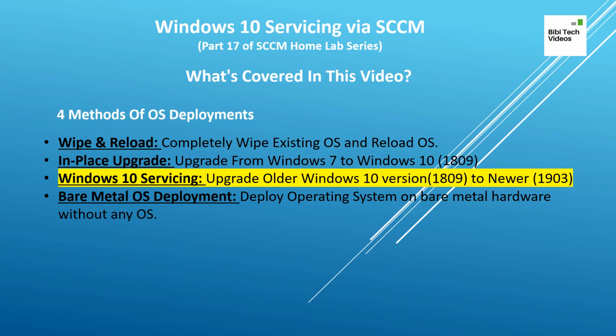In the previous video I showed you how to upgrade from Windows 7 to Windows 10, and the feature update that was pushed in that Windows 10 was 1809. So in this video I'll show you how to upgrade an older version, which is 1809, shown in the previous video, to a newer version, which is 1903.